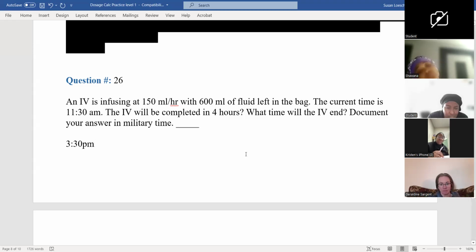Now here's the rule for military time. From 12 a.m. to 1 p.m., 12 a.m. is going to be 0000.